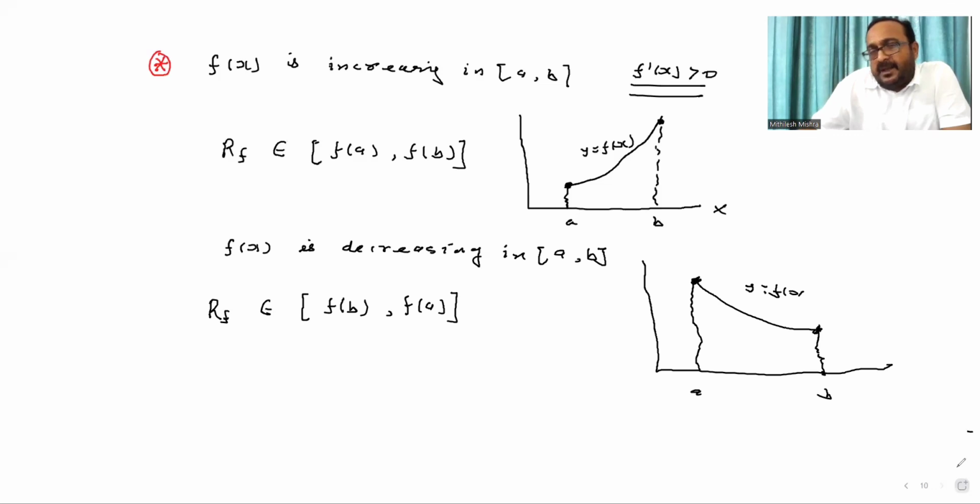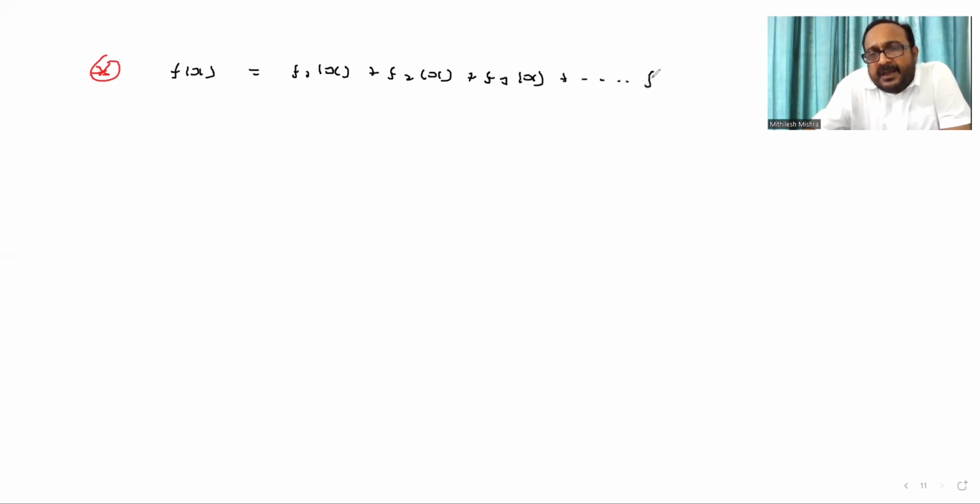And the last point, if f(x) is equal to the sum of different functions, suppose f1(x) plus f2(x) plus f3(x) up to fn(x). Suppose n terms, there may be 2 terms, 3 terms, 4 terms, etc. Each function is positive.